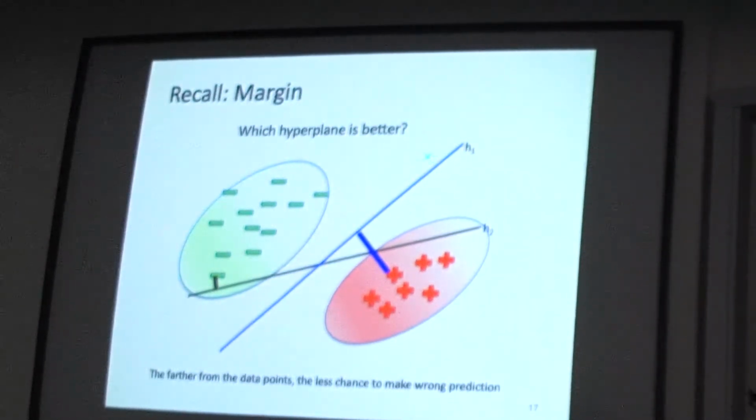Why? Because this is not a high density region for positive examples. This is a low density region. So that means H1 takes a much smaller risk of making wrong predictions for positive examples. A similar argument applies here, right? So it is unlikely that you meet a new negative example here, because this is a low density region for negative examples.